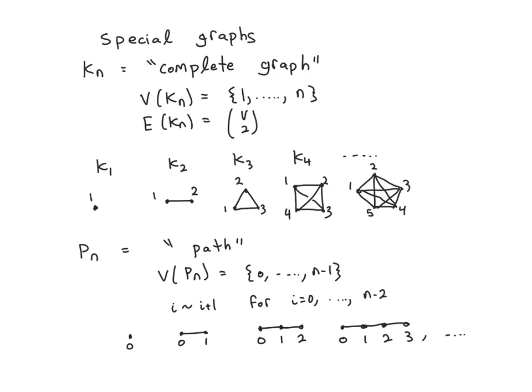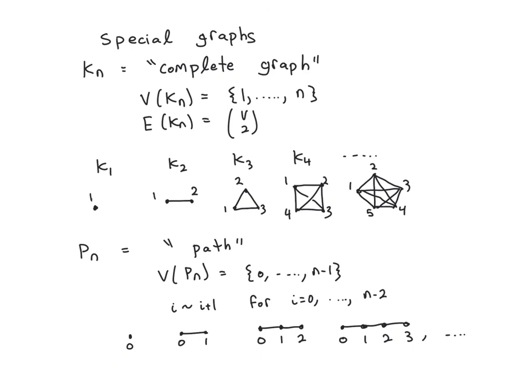The next famous type of graph is called the path on n vertices. It has vertex set 0 through n minus 1, with every vertex i being adjacent to i plus 1, as i goes from 0 to n minus 2.